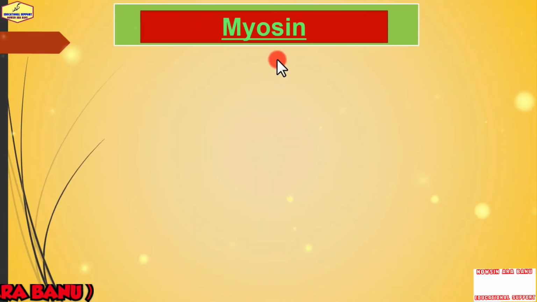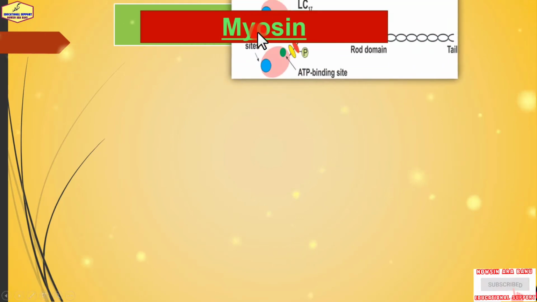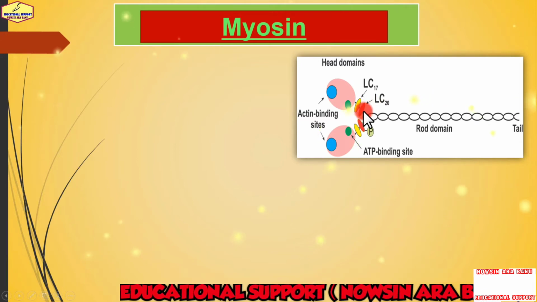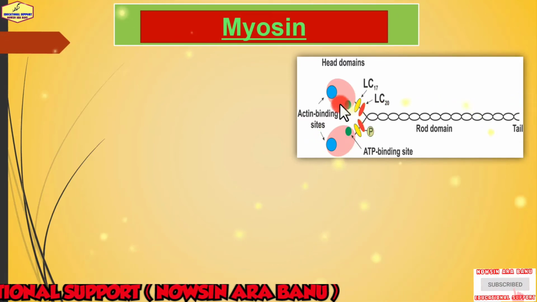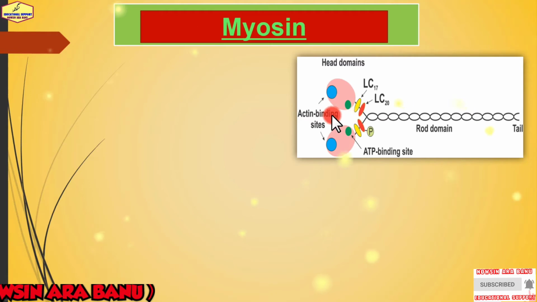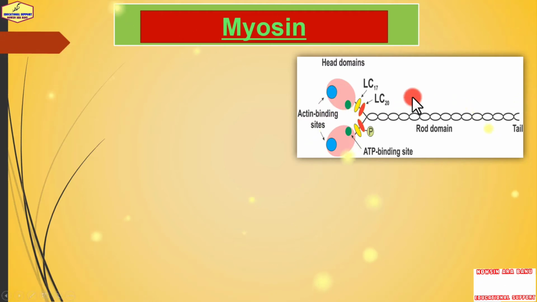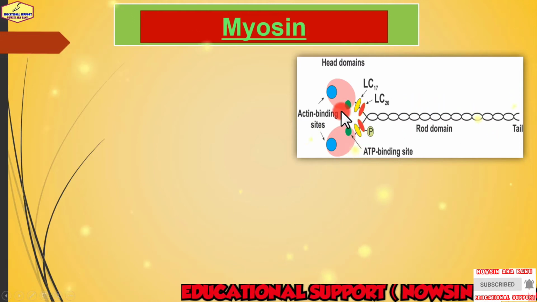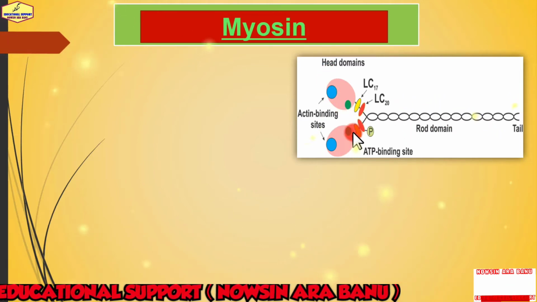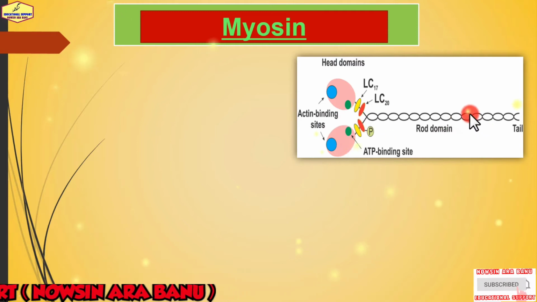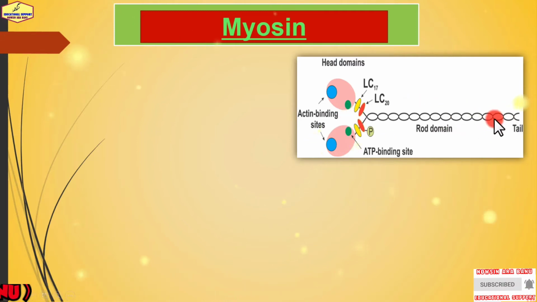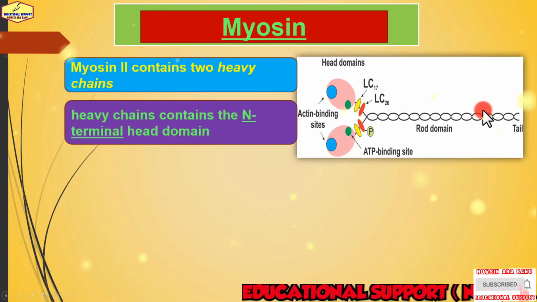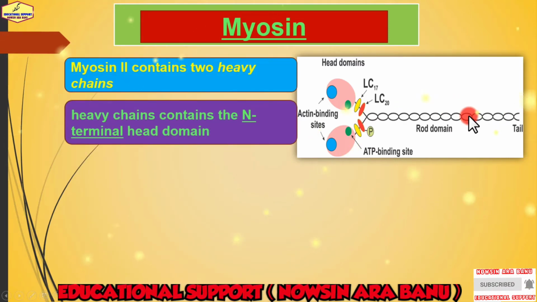Myosin is primarily class 2 in smooth muscle. Myosin 2 contains two heavy chains which constitute the head and tail domains. Each of these heavy chains contains the N-terminal head domain, while the C-terminal tails take on a coiled morphology, holding the two heavy chains together.